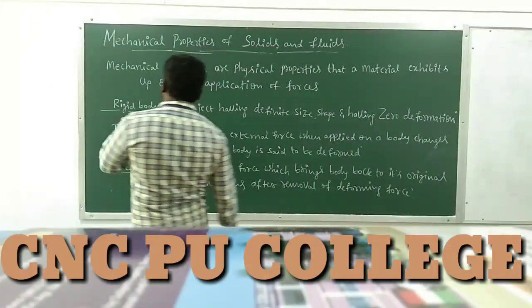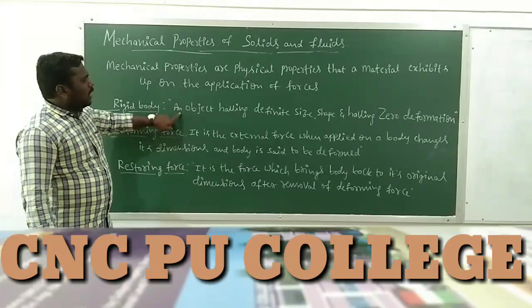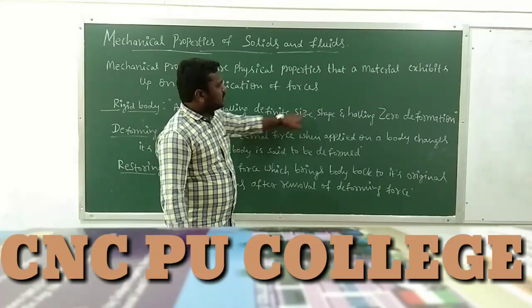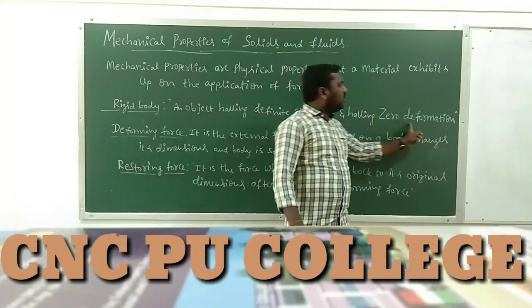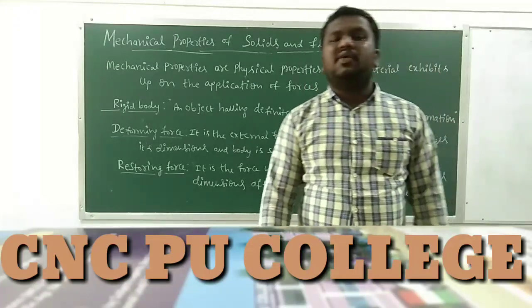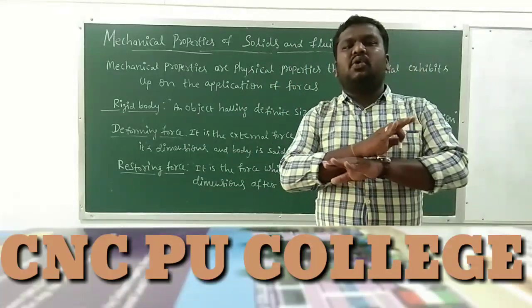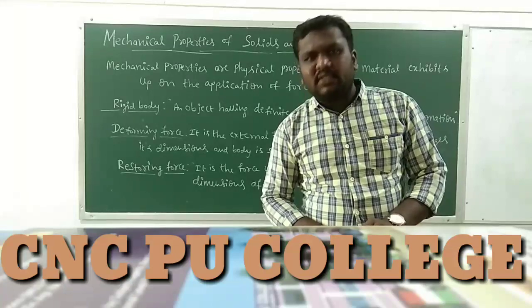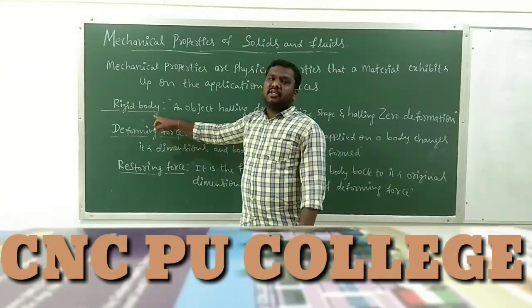So, a rigid body is an object having definite size, shape, and having zero deformation. Even if we apply the force, it should not change its size and shape. Such bodies are called rigid bodies.